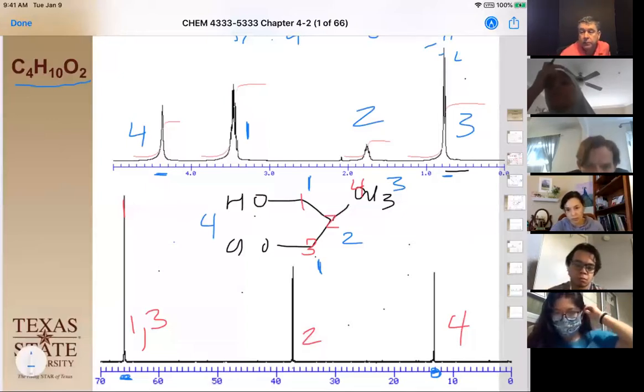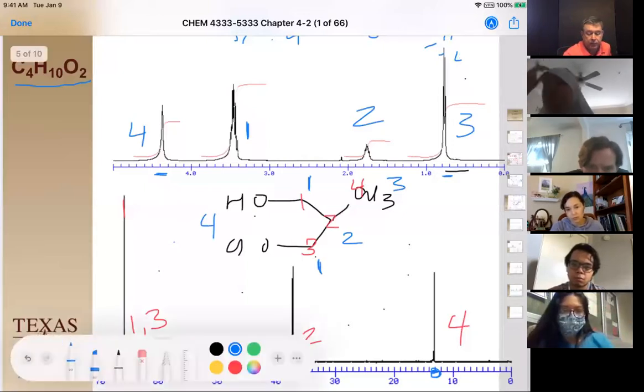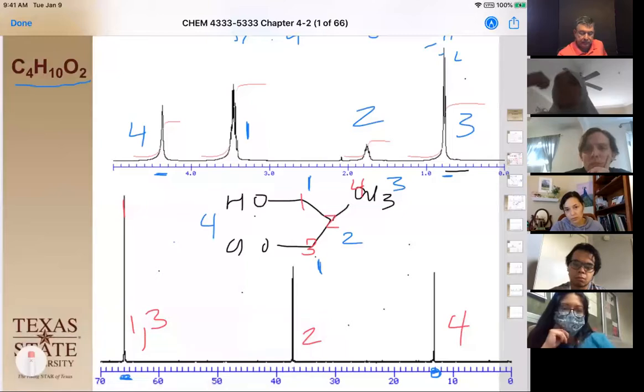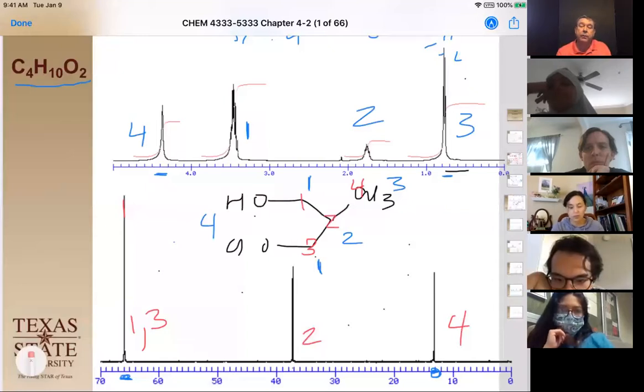Carbon 2 looks like 2 peaks in the CNMR. Is it possible to just be split? It could be, it could just be a broad line, and so we can't really tell it's split. We didn't do a DEPT experiment to see if one of them went away or not. It could just be one line.